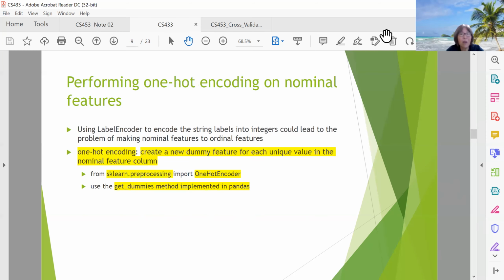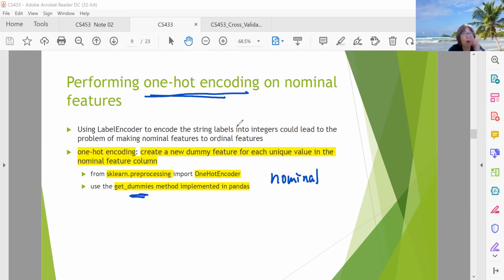If you recall, previously we mentioned the dummy for nominal features. That technique is called one-hot encoding. Label encoding is good for ordinal, and one-hot encoding is good for nominal.